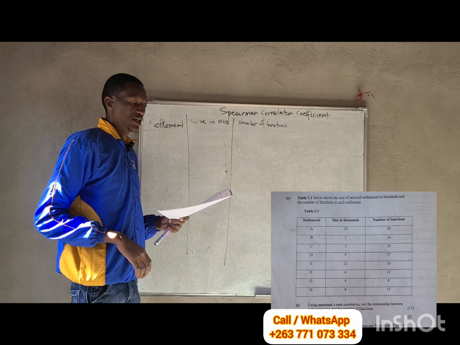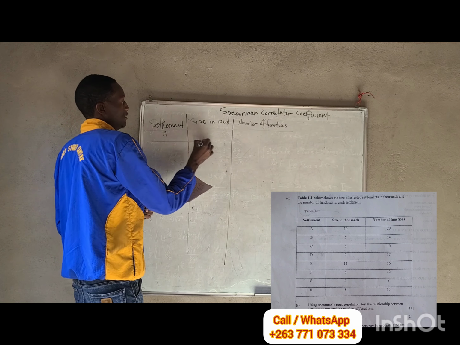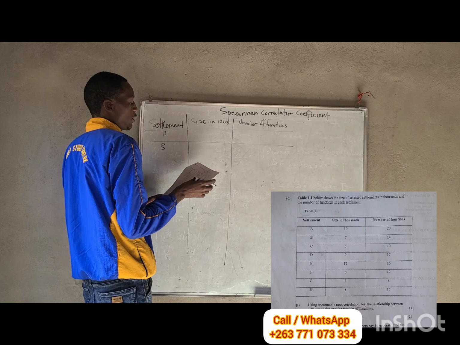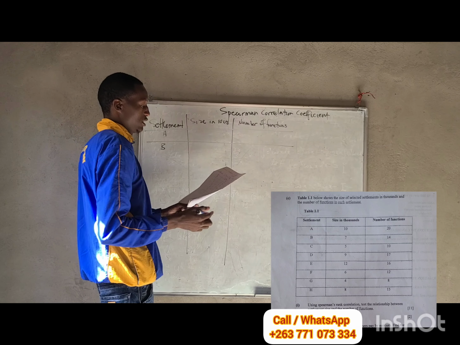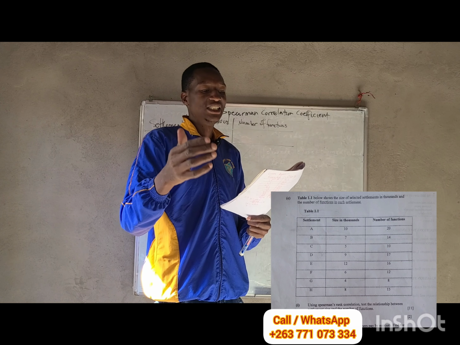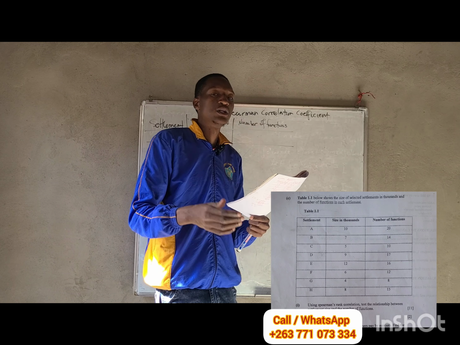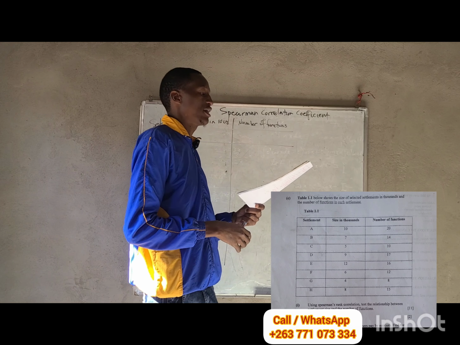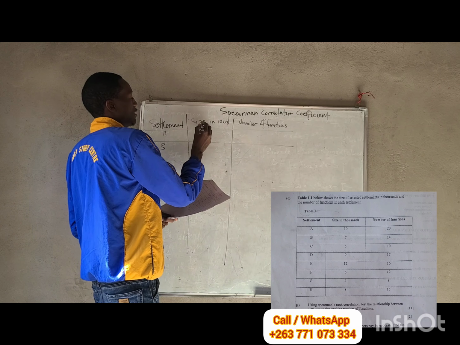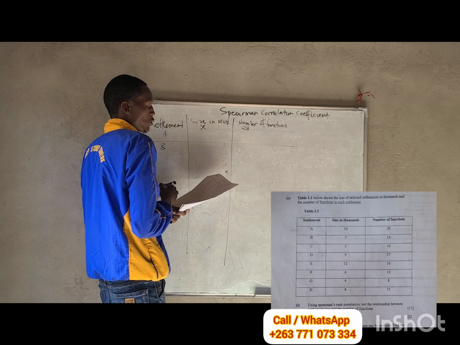We have A, we have B. Our first step is to arrange the settlements in their order of size. Here, size in thousand we represent as X, and number of functions we represent as Y.